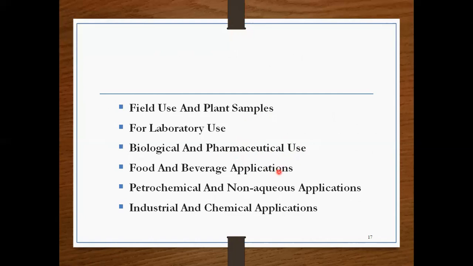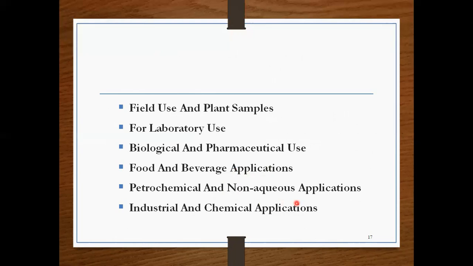Food and beverage applications: the pH electrodes consisting of a flat tip and a Ross or double junction silver chloride reference, or a spear tip for piercing samples, and a Ross or double junction silver chloride reference are used for food and beverage applications.